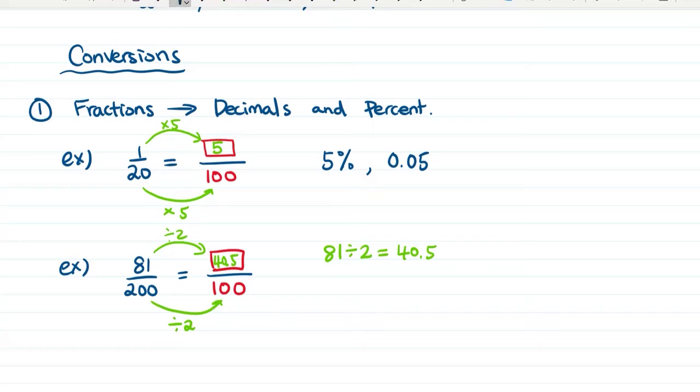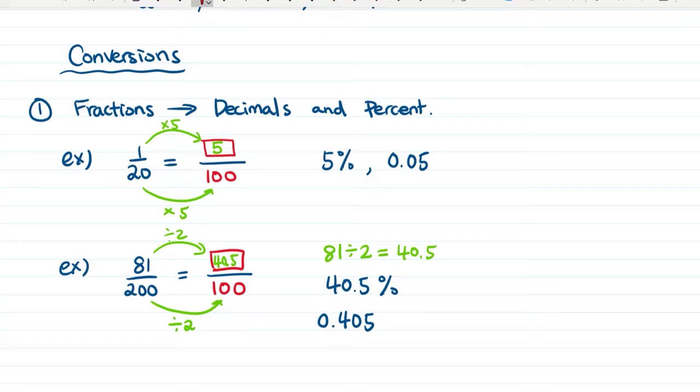So in percent form, it is 40.5%, and in decimal form, it's 0.405. So how do we get the decimal value from the numerator? The step is really simple.